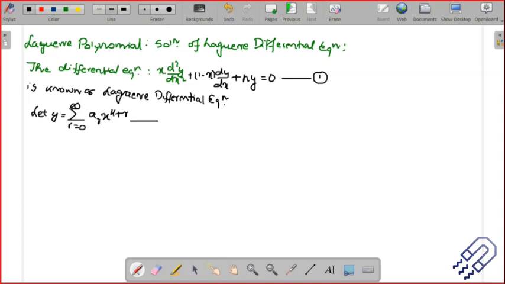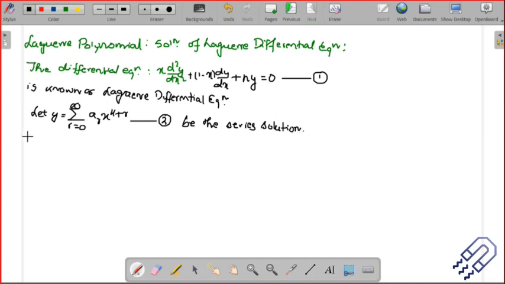We're going to see how this equation gives you the result for this series solution, okay. So let's try this now.